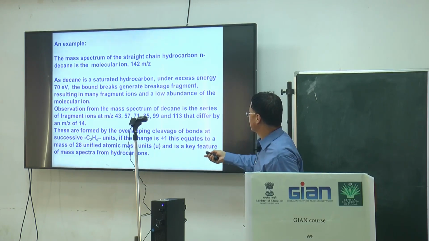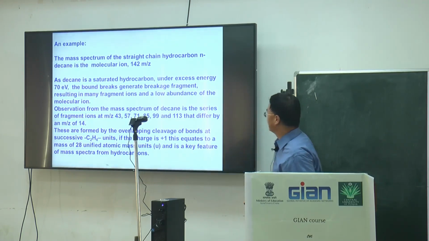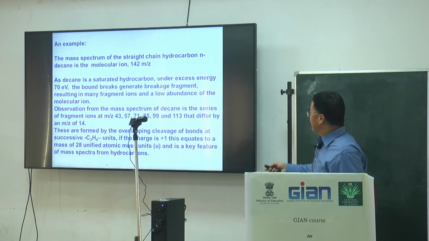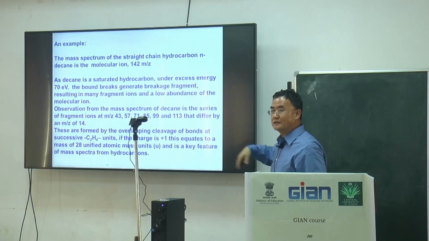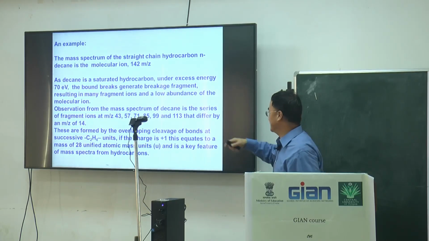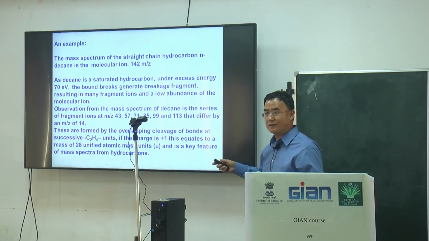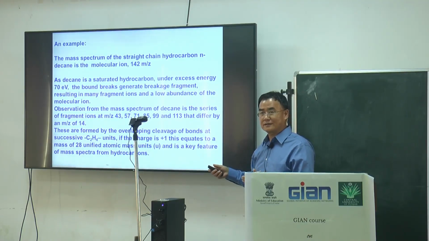So those are successive overlapping cleavages of the bond at successive C2H2 units, reflected by the decane mass spectral analysis, to reflect how we determine the structure.